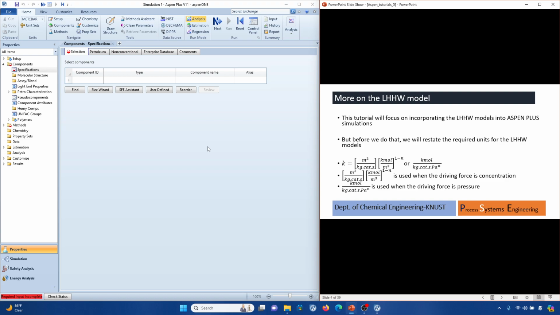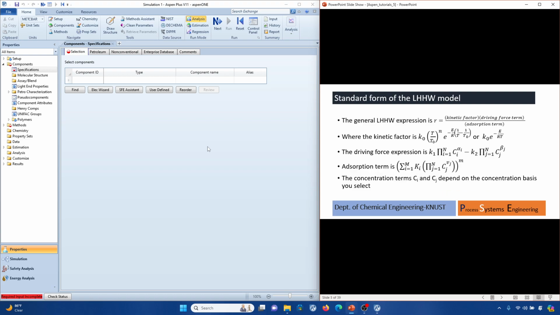A quick revision of our units, the importance of units in simulating reactors. We will delve quickly into solving a problem, and when we get to that point, the necessary modifications will be depicted.